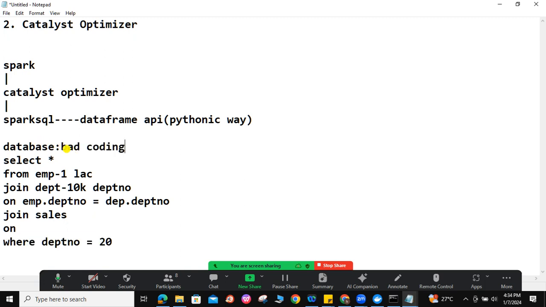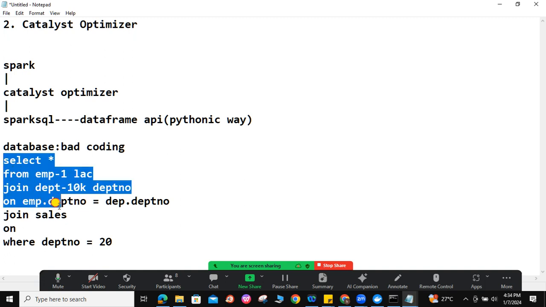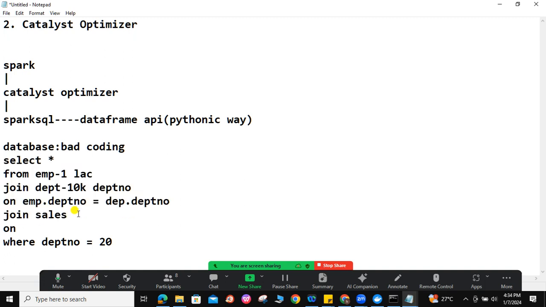At the beginning itself you should have smartly filtered it out. Maybe after joining you should have given department number equal to 20, so it picks up only this much. But you have not done anything, it just joins, again it joins. At the end there are crores of records, then you are filtering department number 20. The time consumed will be very high.